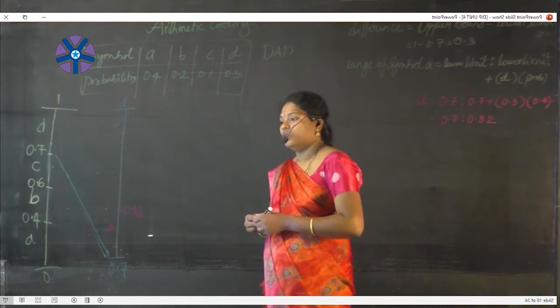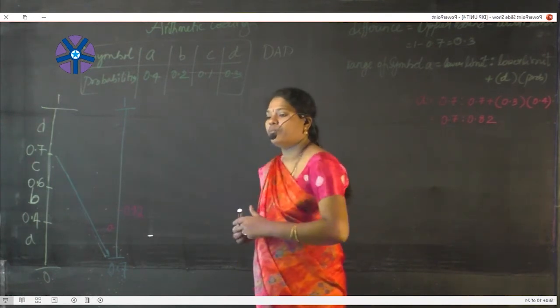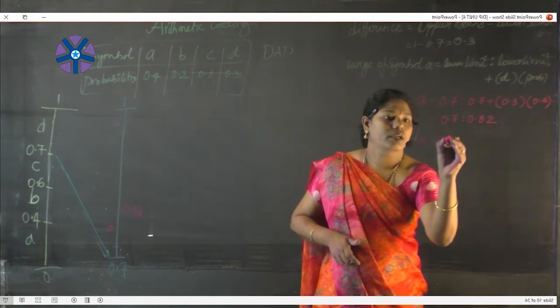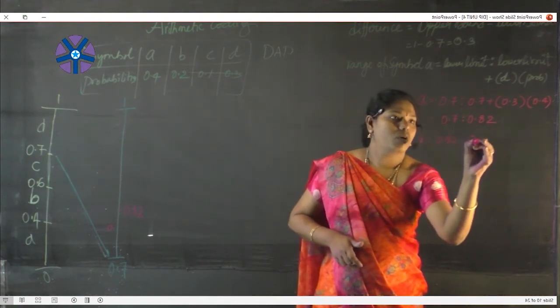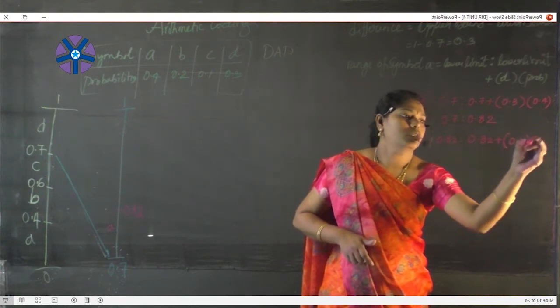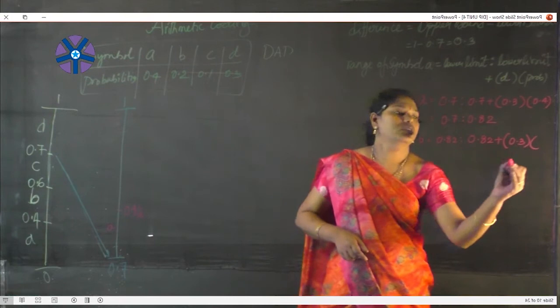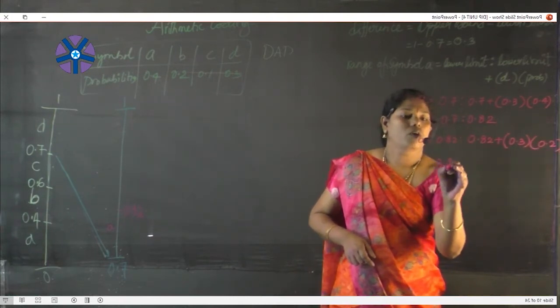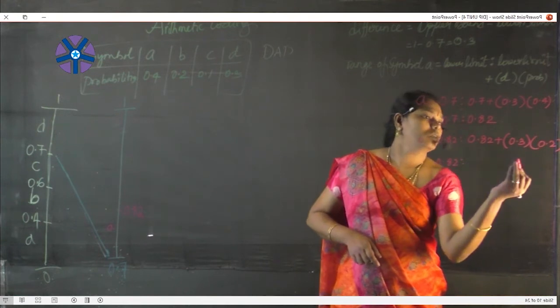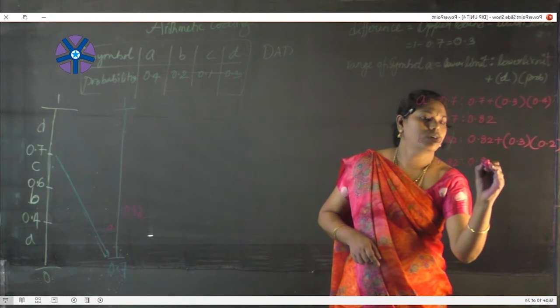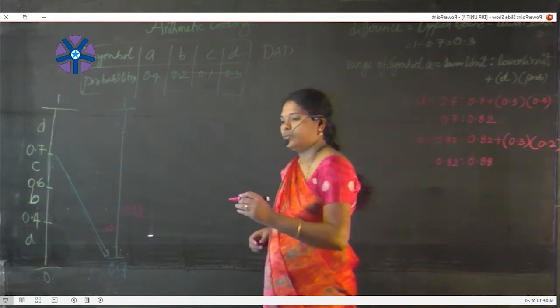Now this is the lower limit for B. The range for B is 0.82 plus the difference 0.3 into the probability of B, 0.2, so 0.82 colon 0.88.